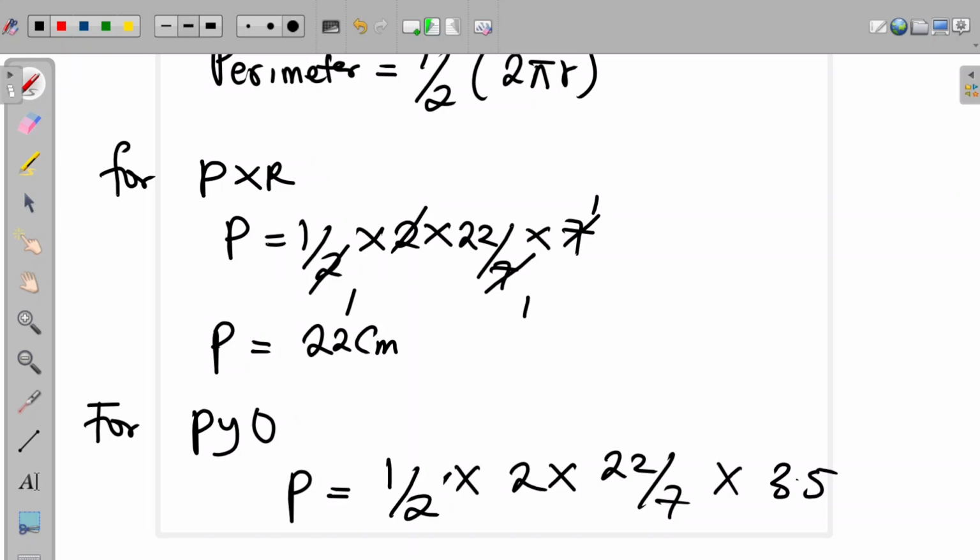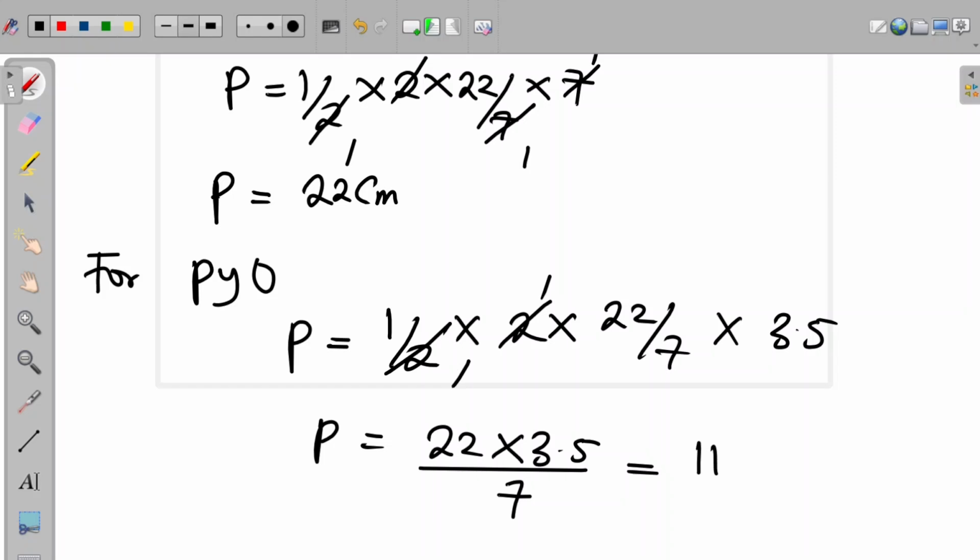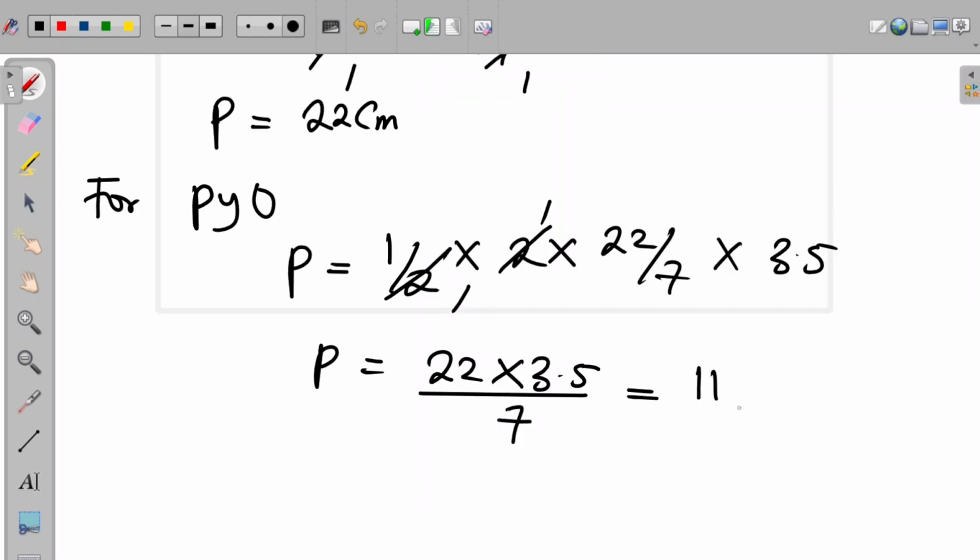So 2 cancels itself, 2 divided by 2 is 1. Thus, we have that this becomes P equal to 22 times 3.5 divided by 7. So this is equal to 11. So therefore, the perimeter of PYO is giving us 11 cm.